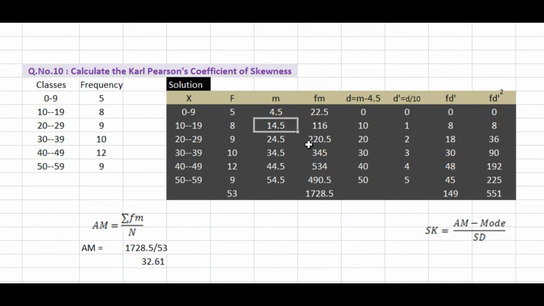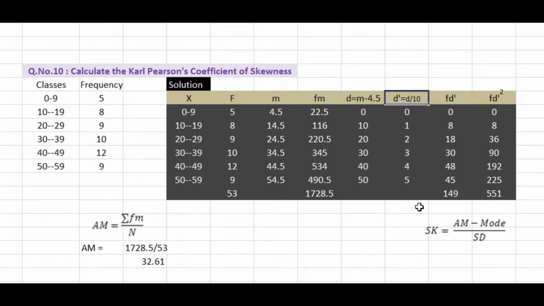If you take 14.5 and subtract it from all M values, you will get the same answer, but negatives come. So select the smallest number, 4.5. All numbers minus 4.5: 4.5 minus 4.5, 14.5 minus 4.5 is 10, 24.5 minus 4.5 is 20, up to 54.5 minus 4.5 is 50. So these are the values for D.